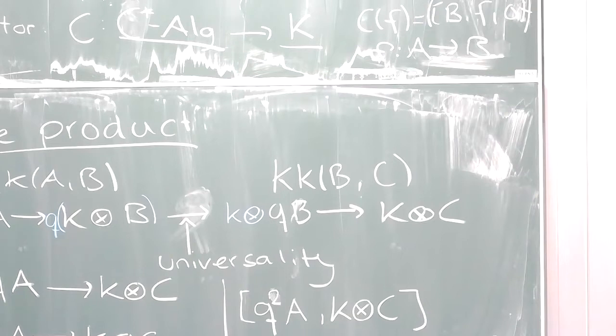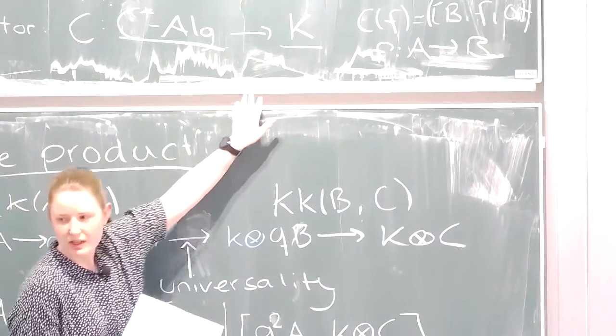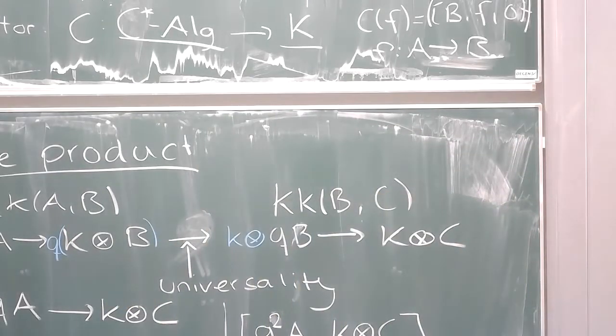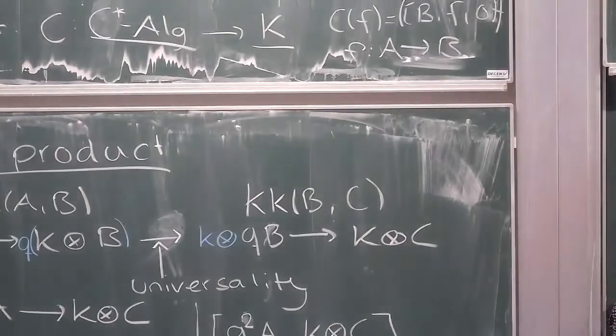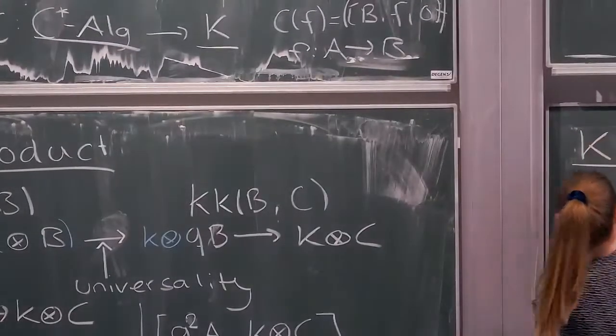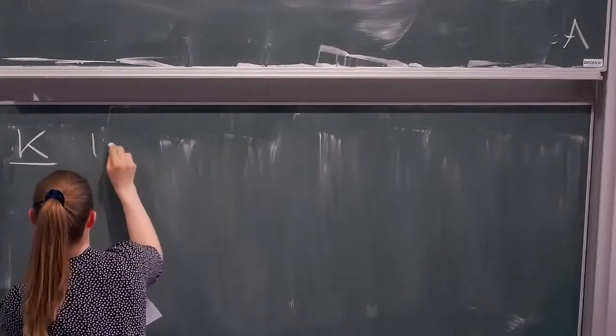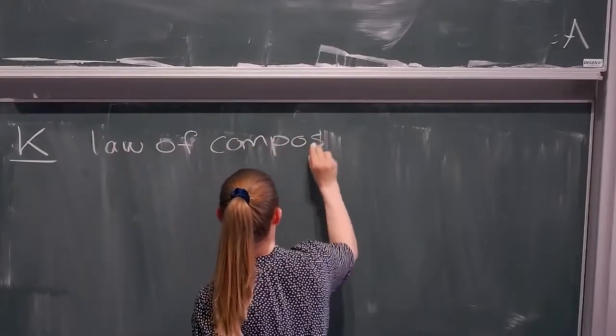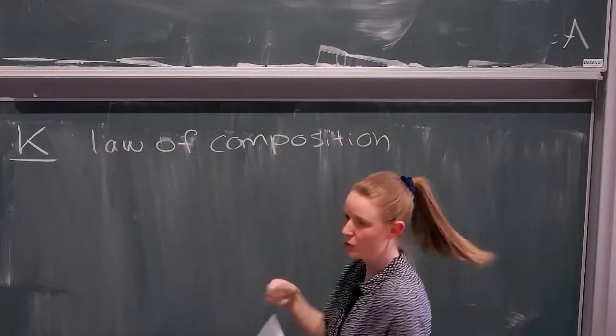So now the idea is to show that what he did was to show that this functor is a universal functor satisfying three conditions, the universal functor into an additive category satisfying some conditions. So first, we have, of course, this category K. It has a law of composition using the Kasparov product.